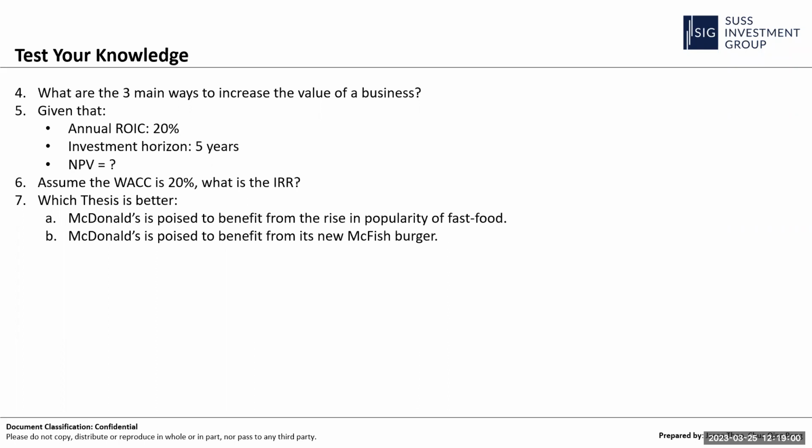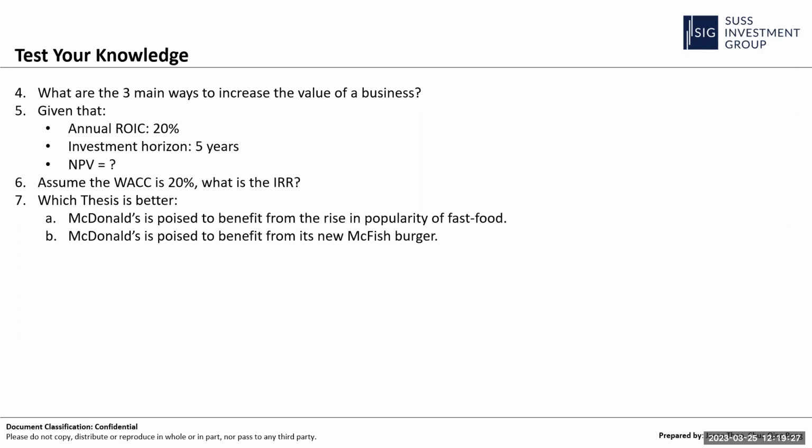Yes, correct. So when you write your thesis, the trick is to be as specific as possible and not to rely too much on all these macro factors. For example, fast food. If you say fast food is good, then fundamentally there's no difference between investing in McDonald's or KFC or Burger King, because they're all fast food. But you want to pinpoint your specific investment merits to one part of your target company.